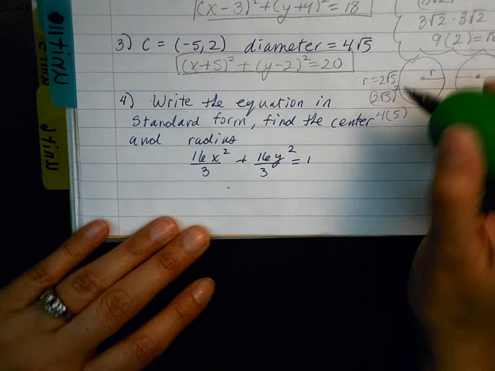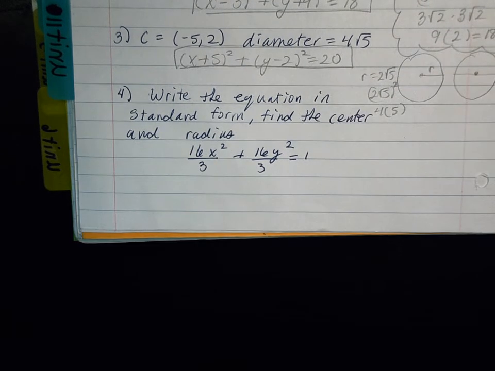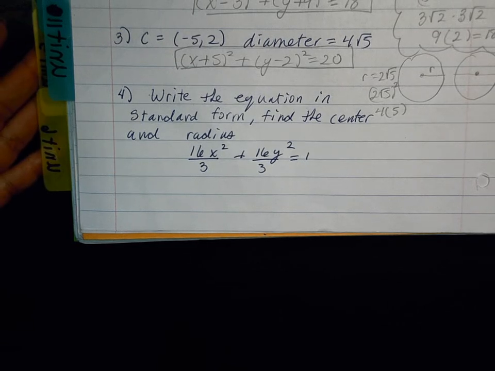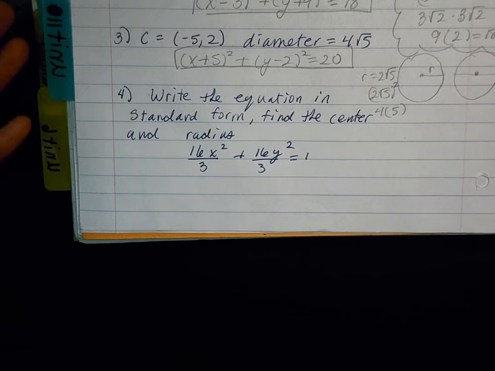All right. Write the equation in standard form. Find the center and radius. It's 16x squared over 3 plus 16y squared over 3 equals 1.